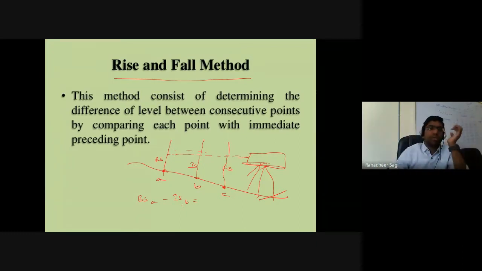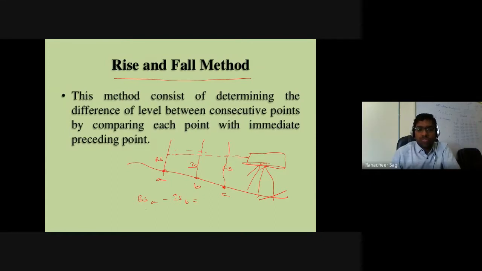Likewise I continue, calculating the differences between successive staff readings. If that value comes out negative, then we write it as fall. If that difference comes out positive, it means it is a rise. Depending on that rise and fall data, we then go on to determine the RL values of various points.